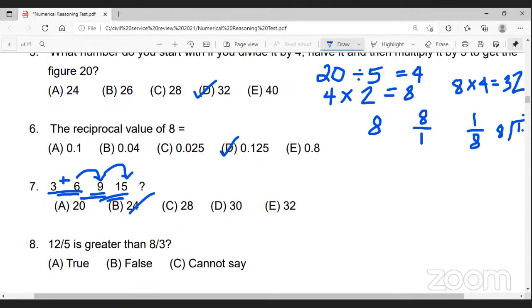12 over 5 is greater than 8 over 3. With this choice as true, false, or cannot say. What can you say? What should be the answer?